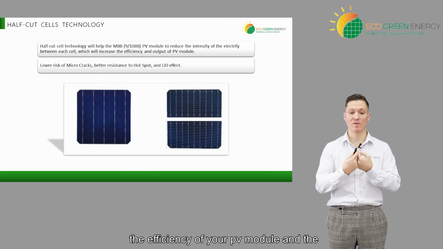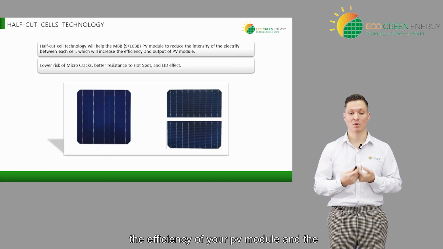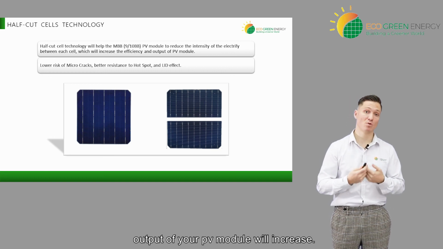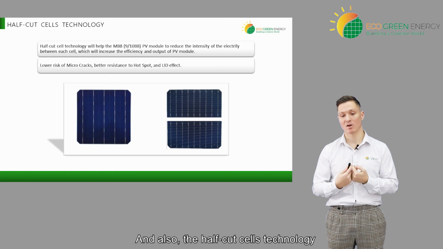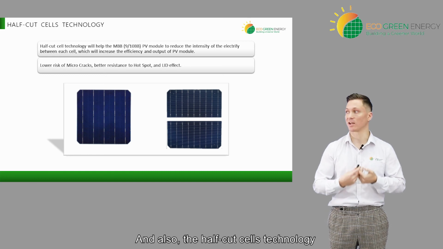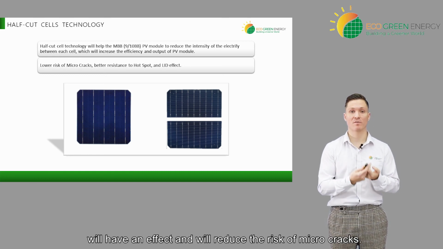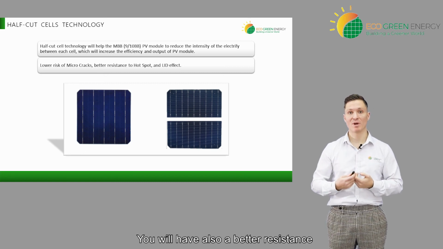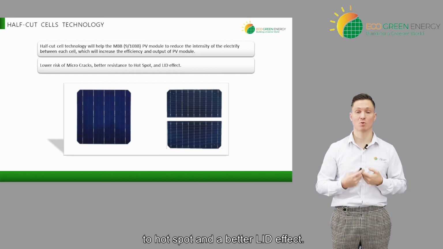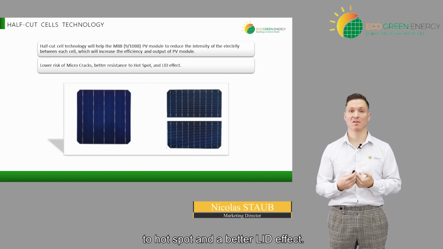So the efficiency and the output of your PV module will increase. Also, the half-cut cells technology will reduce the risk of microcracks. You will also have a better resistance to hotspots and a better LID effect.